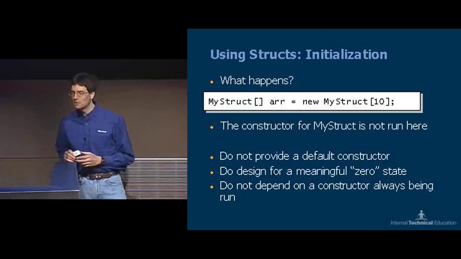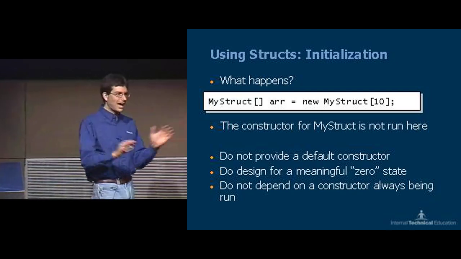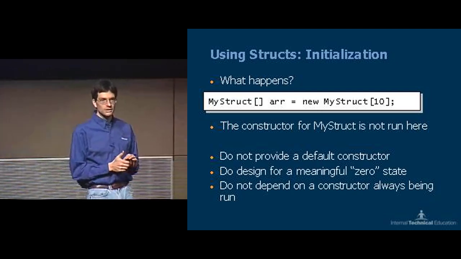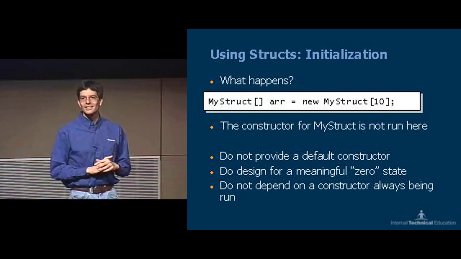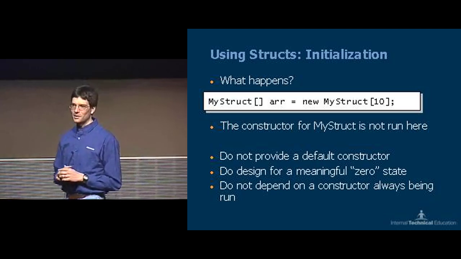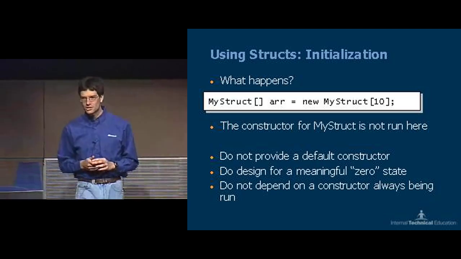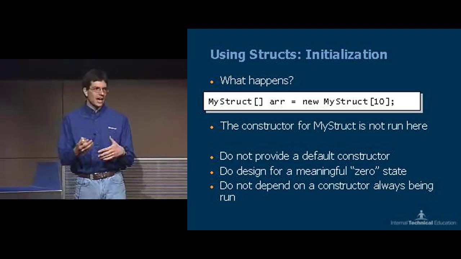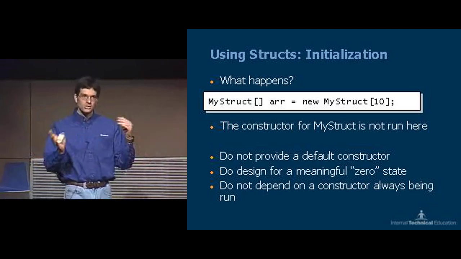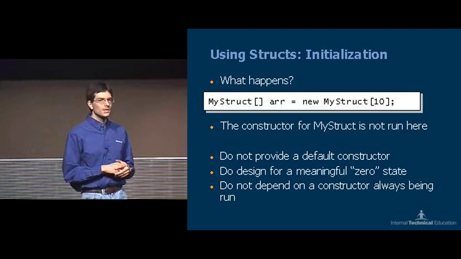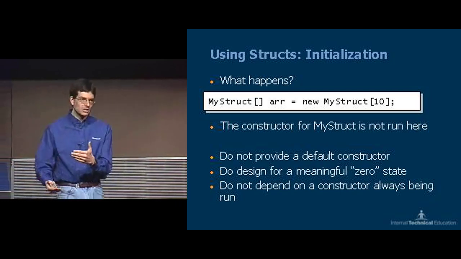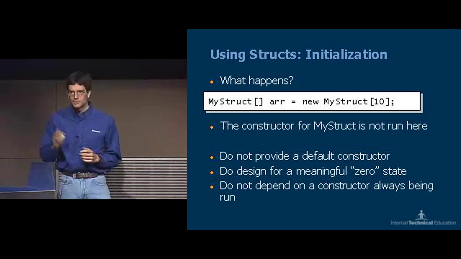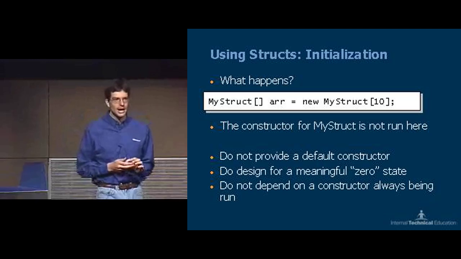C# doesn't actually let you define a default constructor. They just say the default constructor is provided for you, and guess what it does? It zeros the state. So it's basically the same deal. So the C# language spec doesn't have to say that sometimes the structure may not be constructed. It just says the default constructor is always run, and it may not actually be run. The CLR might zero the memory, but the same results happen.